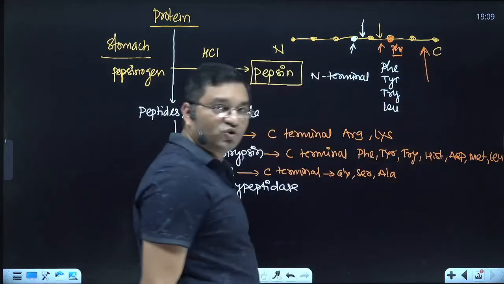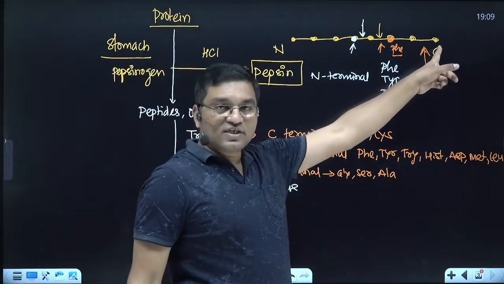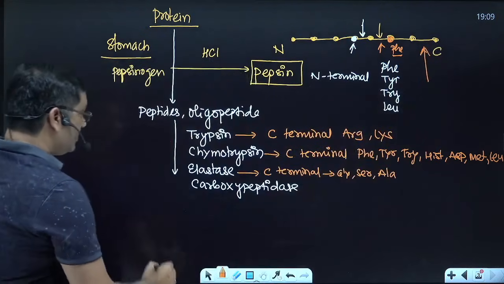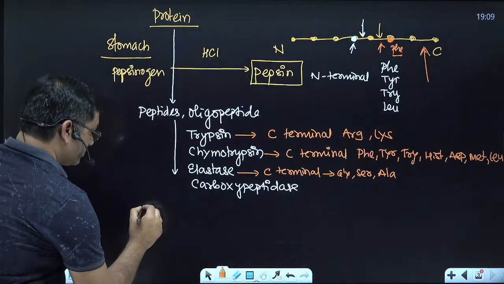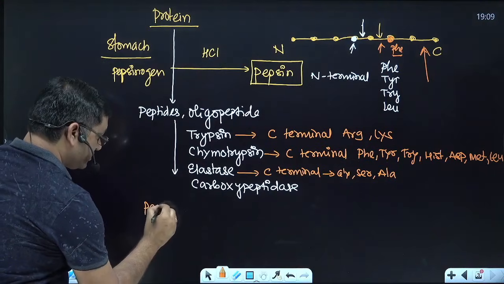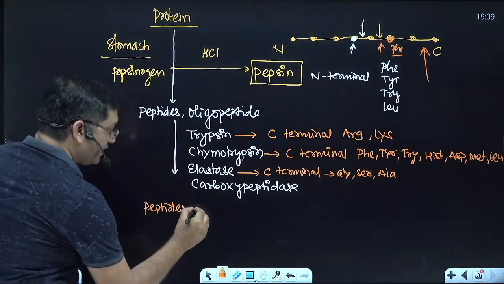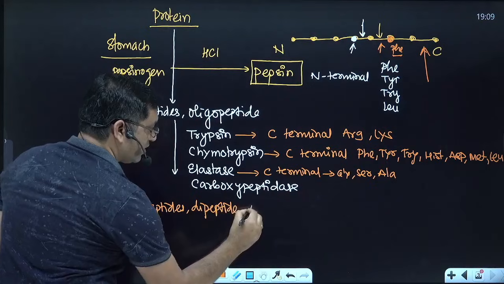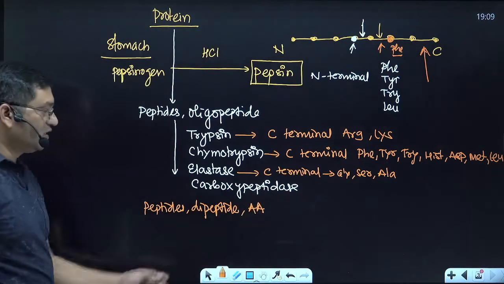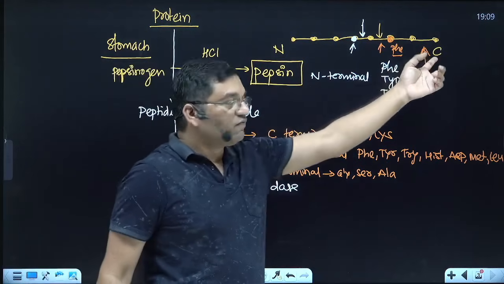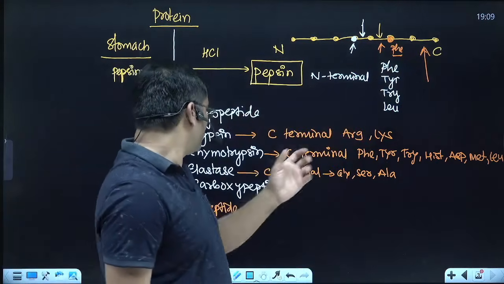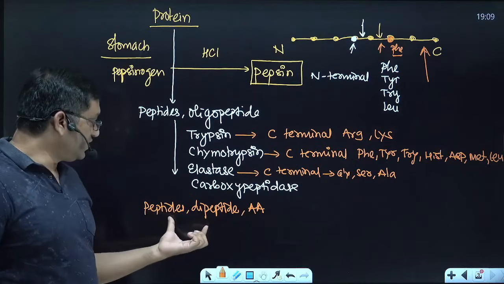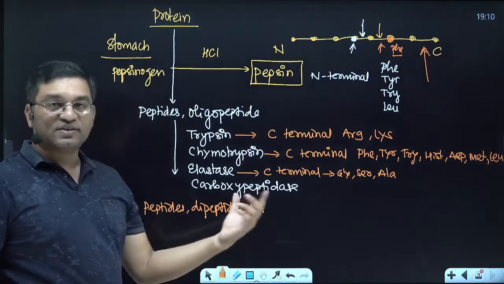This is exopeptidase, so it will act on this carboxyl terminal amino acid, and there is formation of smaller peptides, dipeptides, and free amino acid liberation. Carboxypeptidase will remove the free amino acid. So there is formation of peptides, dipeptides, and amino acid.